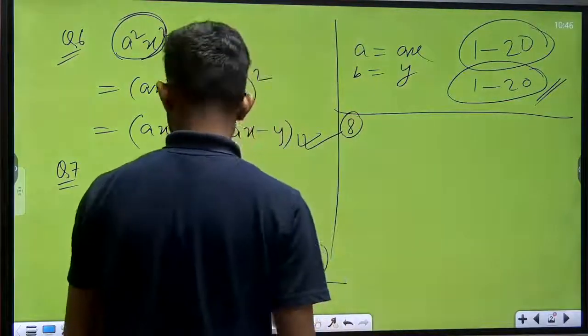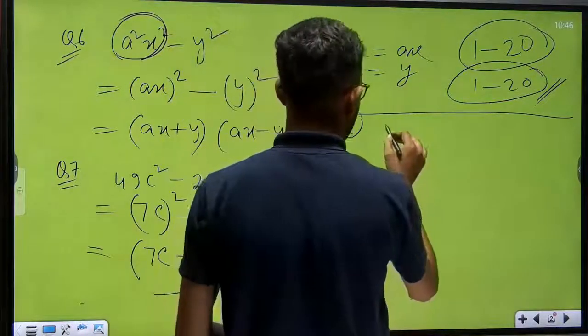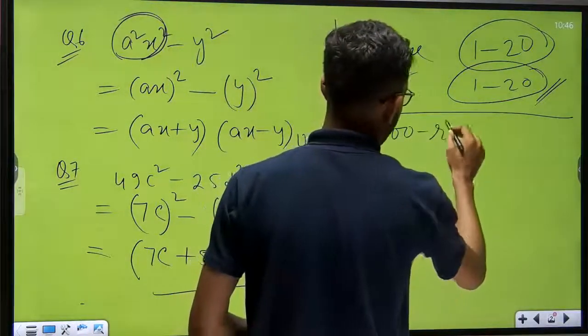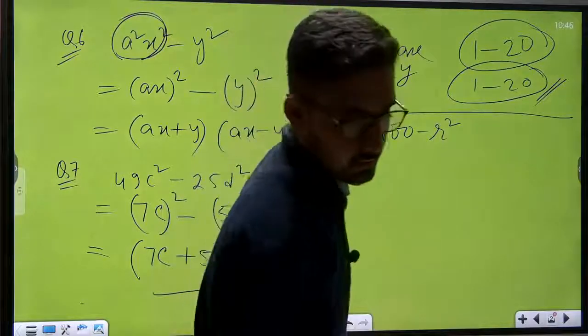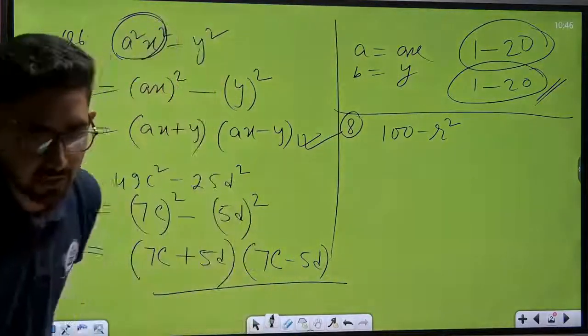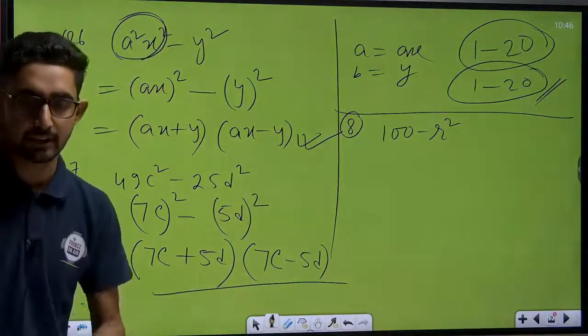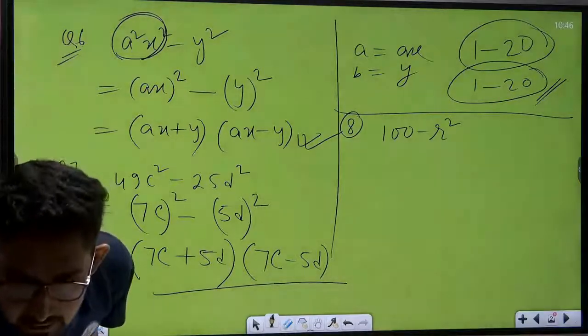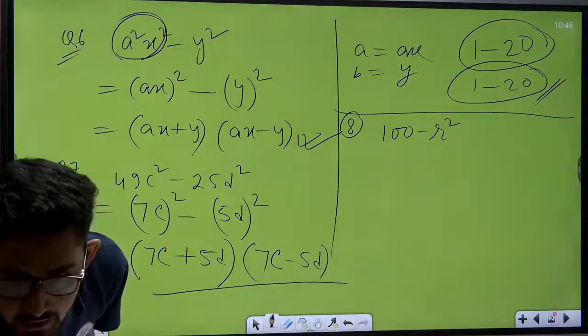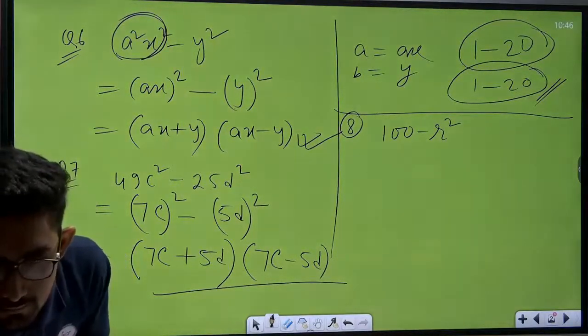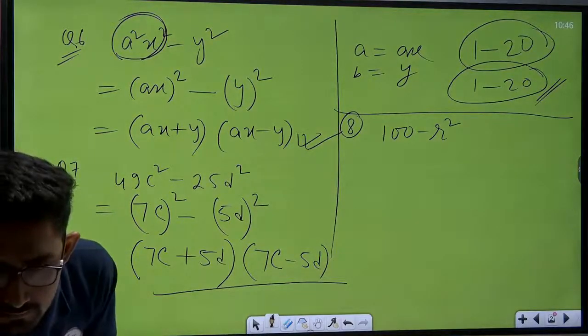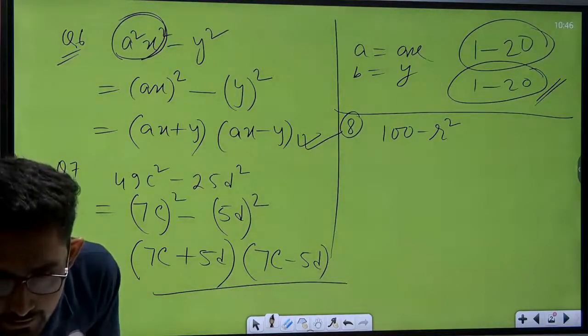Question number 7 completed. Question number 8. 100 minus r square. Yes, solve fast. What is the value of this? 100 minus r square. Fast. Think all of you. Very simple question.